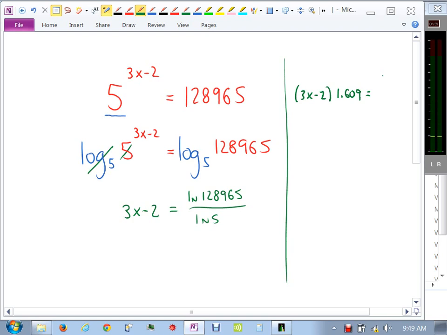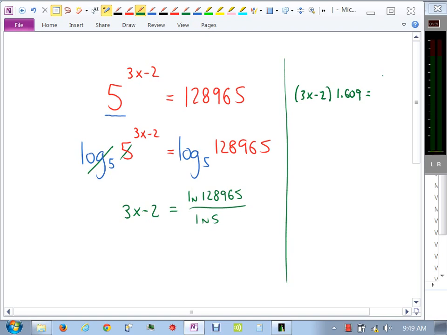Let me see that. Which one are you hitting? LOG or LN? Try it again. Type in 128,965. Let me see you do it.